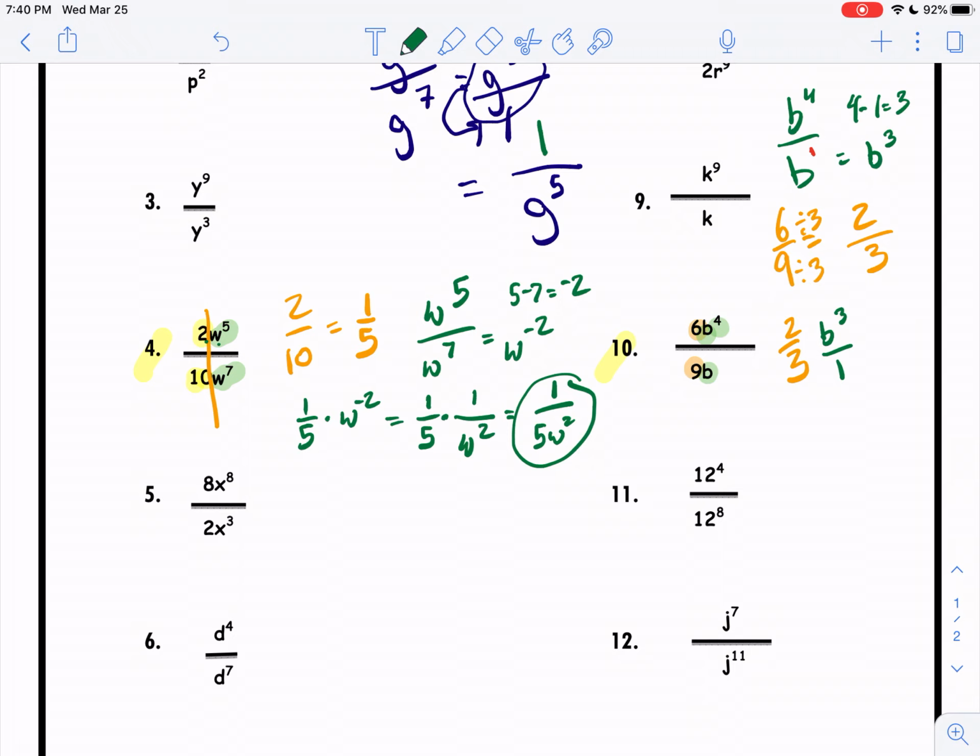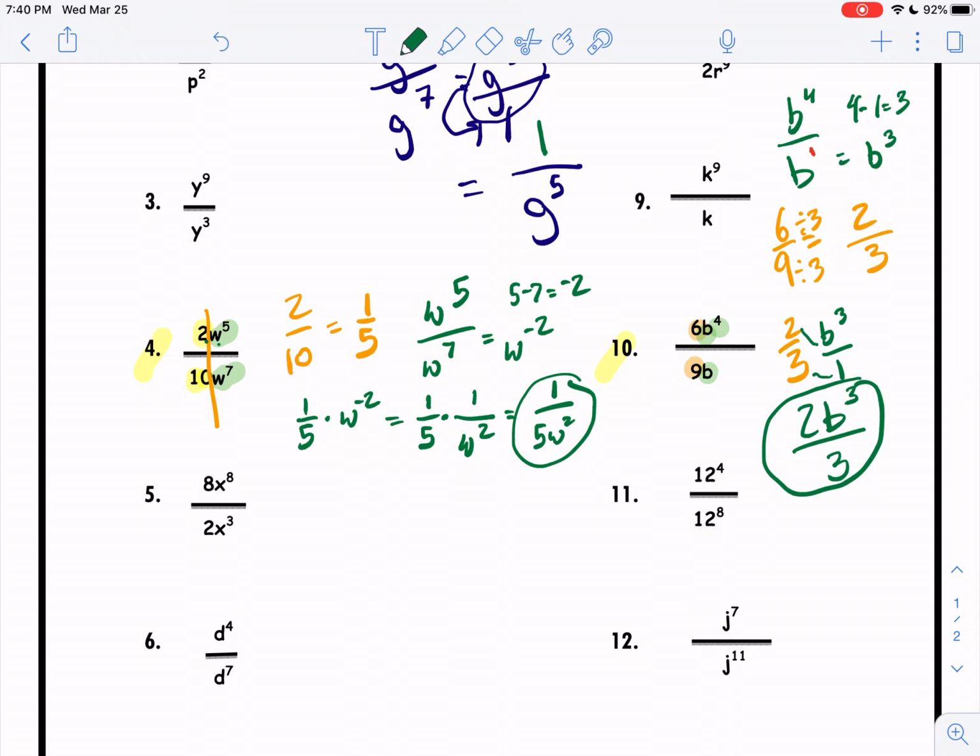So then we can do the same thing we did here by combining our numerators together and our denominators together. So it would be 2b cubed over 3, and you're done. Just because you see a 3 in the exponent spot and a 3 in the denominator does not mean that you put them together.